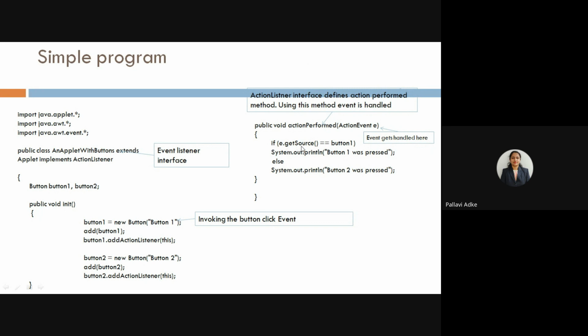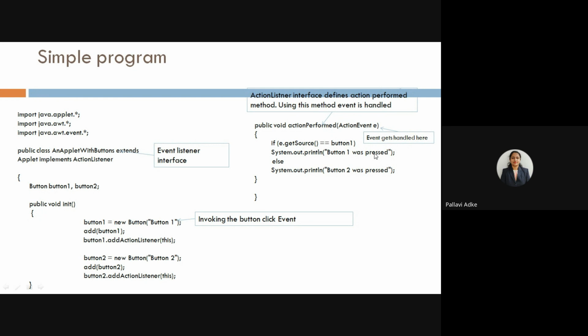If e dot getSource is equal to button 1, so this object we have considered. If e dot getSource, meaning whichever button I'm clicking, is equal to button 1, System.out.println("button 1 was pressed"). So what will it display onto the screen? Button 1 was pressed. Else System.out.println("button 2 was pressed").